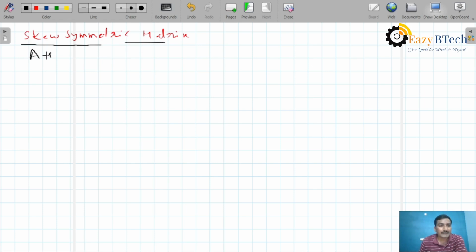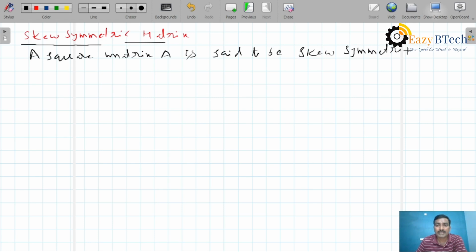A square matrix capital A is said to be skew symmetric if A transpose equals minus A. That means after interchanging, A transpose means after interchanging rows into corresponding columns, if you get the additive inverse of itself.